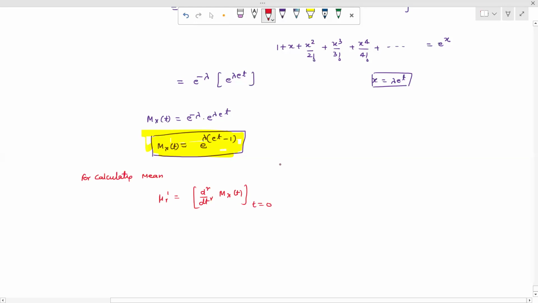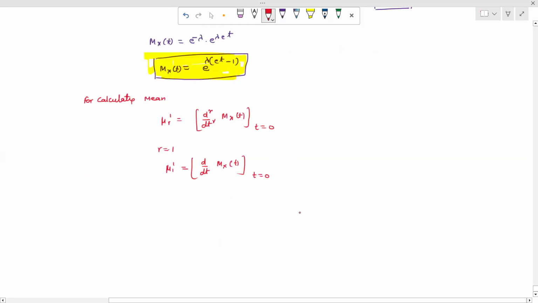Here we put r is equal to 1, that means we calculate the first moment. So mu 1 dash gives us d upon dt of M_X(t) at t is equal to 0. Now we write this as d upon dt of M_X(t), which is e raised to the power lambda into e raised to the power t minus 1.